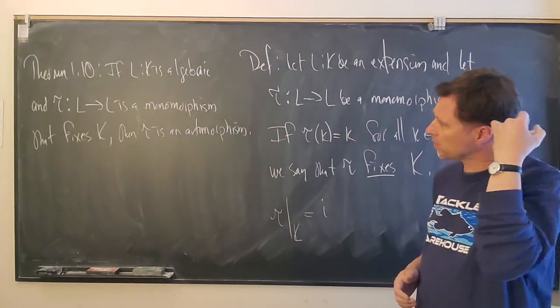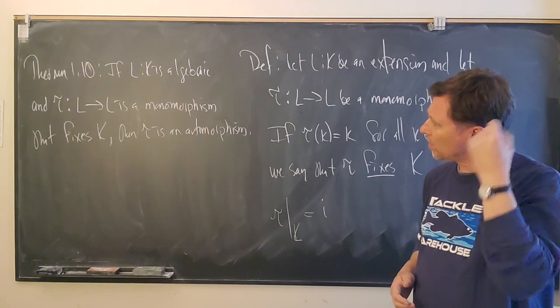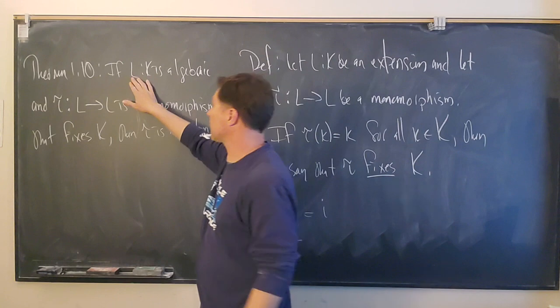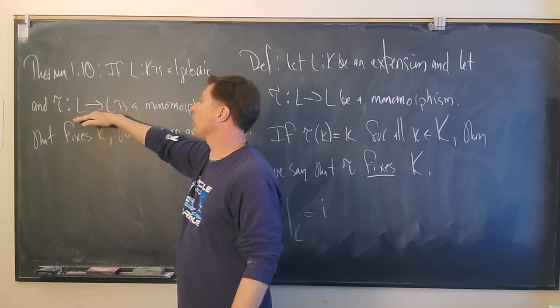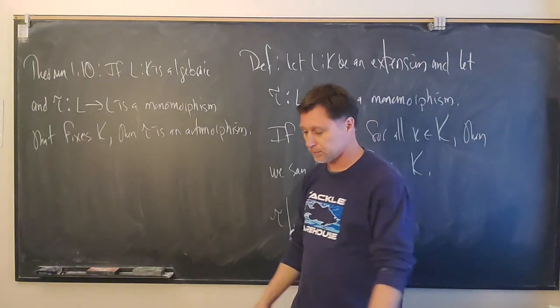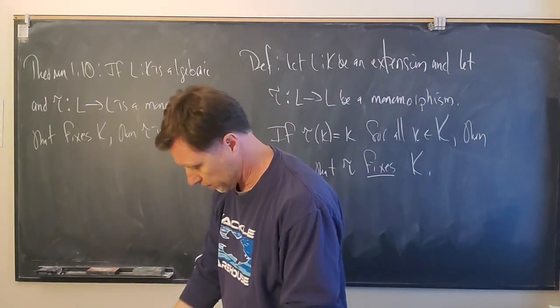It's a curious result. What this is saying is, as long as you have an algebraic extension and you know that you have a monomorphism, then you get onto for free. So, it's true. Now let's prove it.